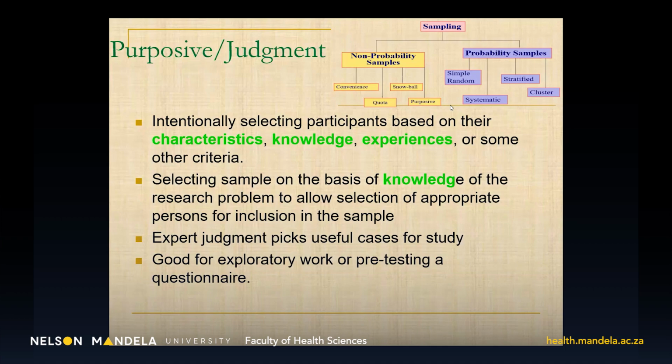But the flip side of that would be, I know nurse X, and she will give me information on this, and I know nurse Y. You see, it's my judgment. I'm not randomizing anymore, but I'm going to specific individuals, because from my knowledge, they will give me the data that I will complete my study. Does it make sense, sir? Yes, it's more than clear, sir.